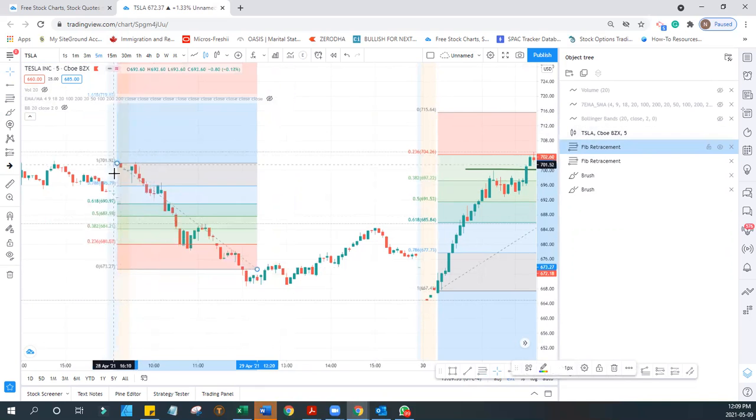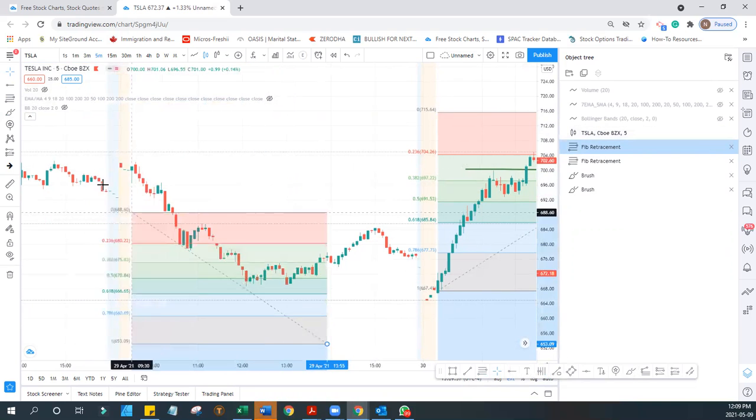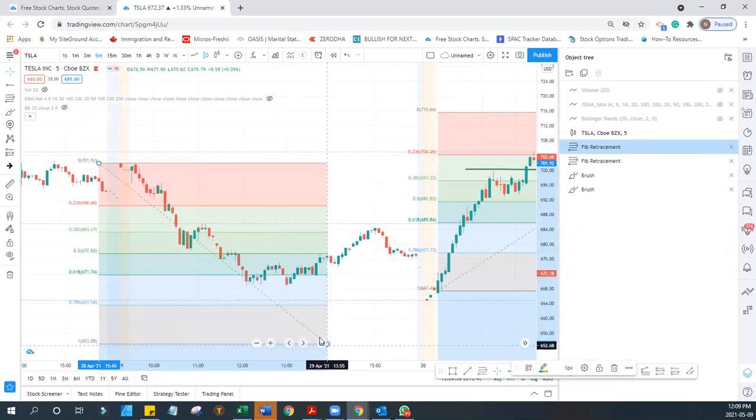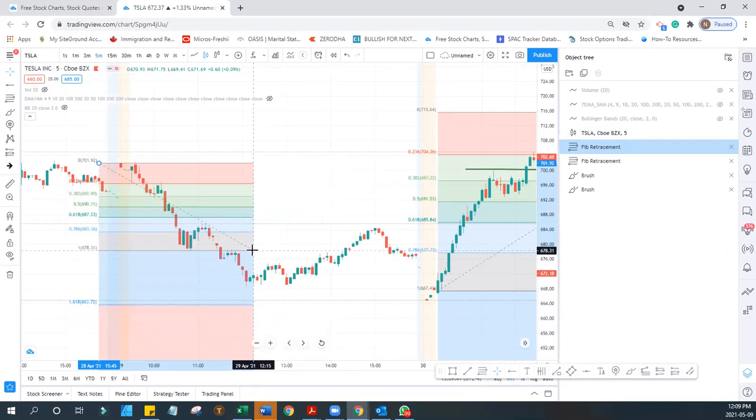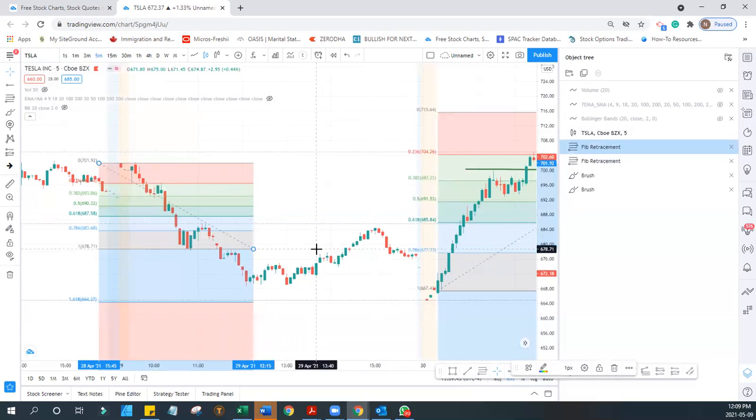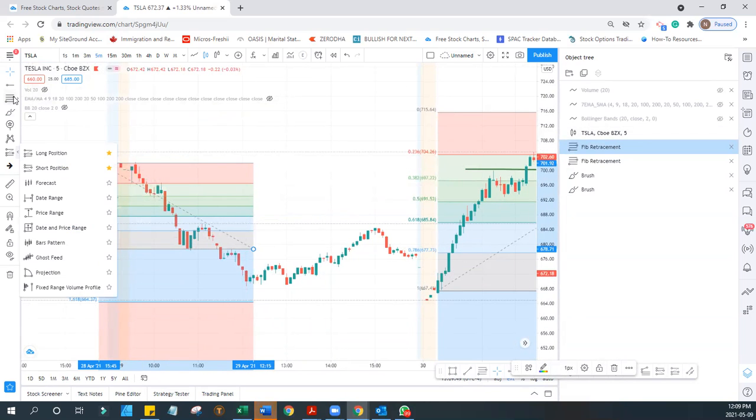Okay, sorry, there is a Fibonacci extension and a Fibonacci retracement. The both are kind of different. So I need to use the Fib extension, but let me use it pretty quick.